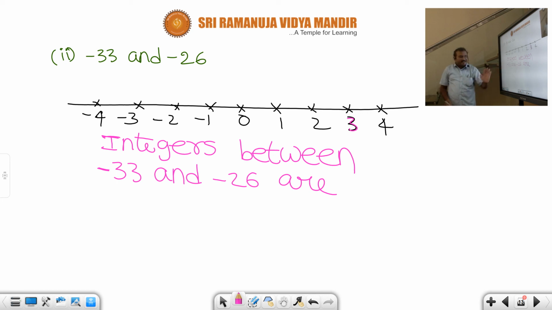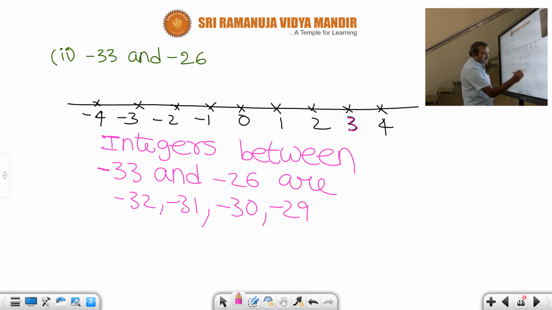Those are the integers between minus 33 and minus 26. That is minus 32, minus 31, minus 30, next minus 29, minus 28 and minus 27. So these are the set of integers lying between minus 33 and minus 26. Okay, children? This is the way to calculate integers between two given integers.